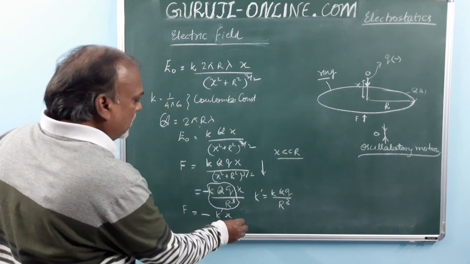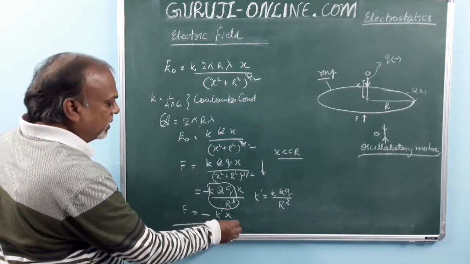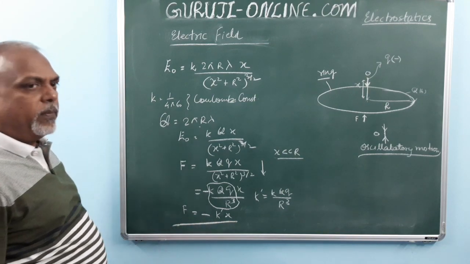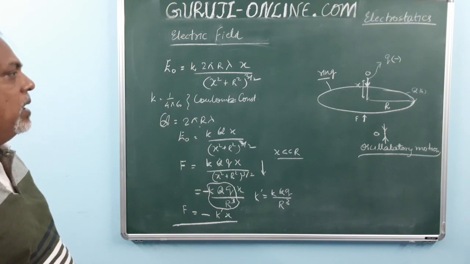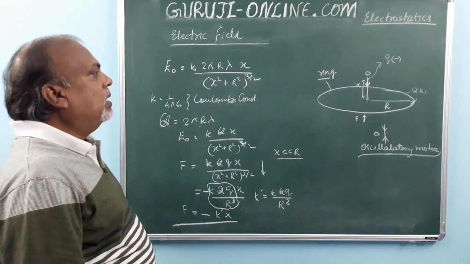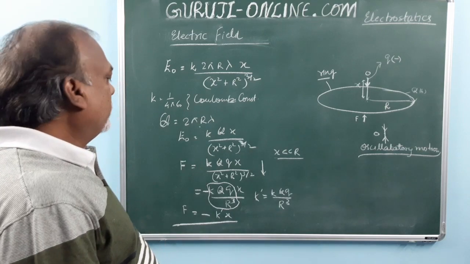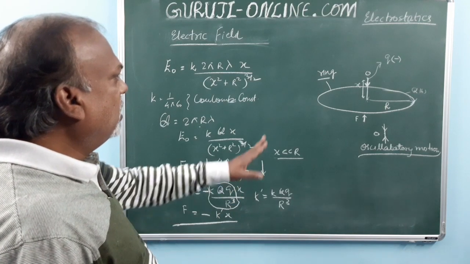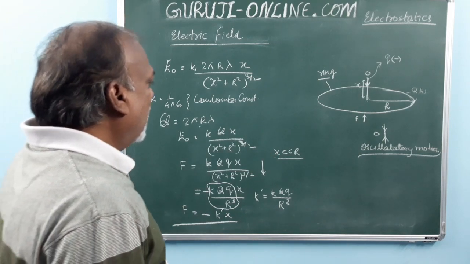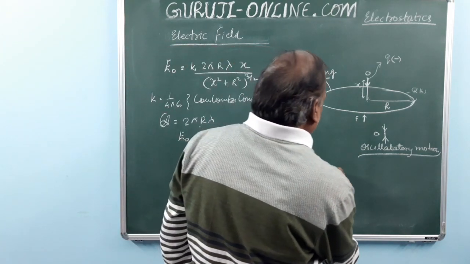And what is this? In the spring case, we have seen motion is directed towards the origin. So this is a simple harmonic motion, and this will oscillate, and we can find out the frequency.